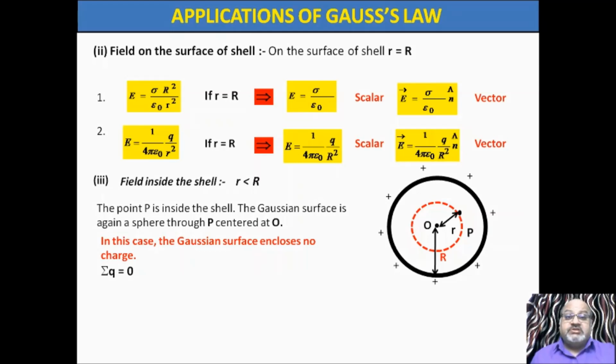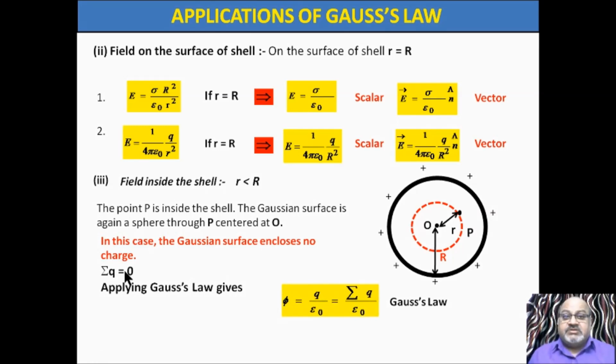Don't confuse this case with the electric field intensity produced by point charge. We have concluded that this case behaves like that, but actual charge is on the surface of the spherical shell. So there is no charge inside this Gaussian surface. Summation Q is 0.